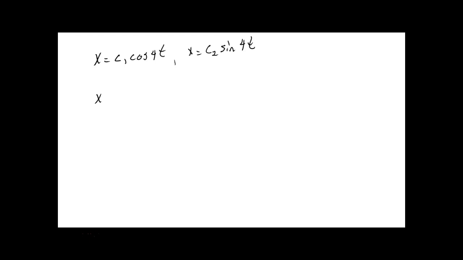Got to have a second derivative. Okay? And since your dependent variable is x in both cases, this is going to be x double prime plus 16x is equal to 0. They're saying that both of those are solutions for this linear differential equation. Okay? Let's try it and see.